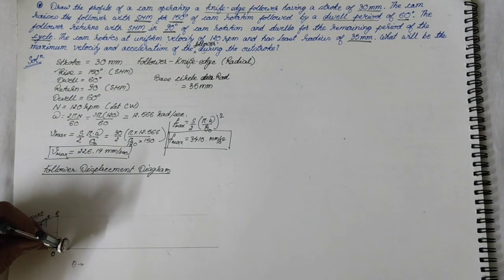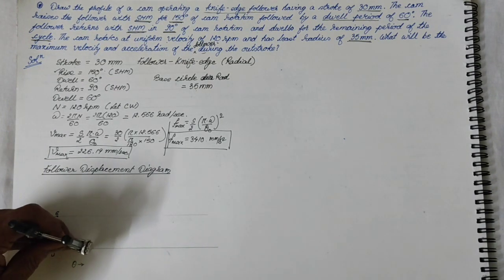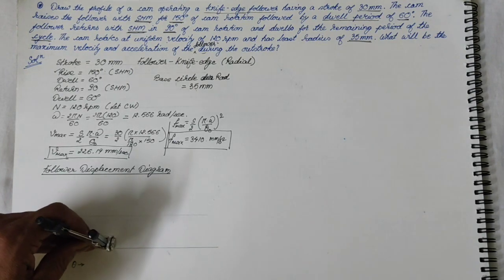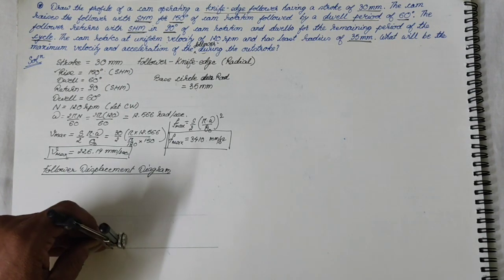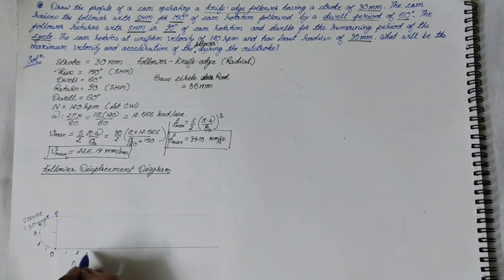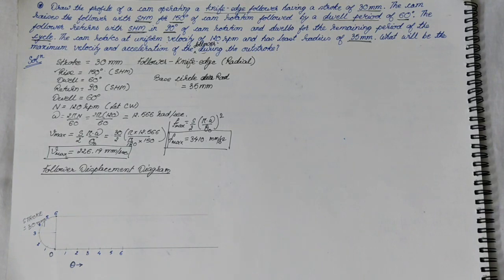So we take 6 parts: 1 2 3 4 5 and 6. So this is cam rotation theta on the x-axis.